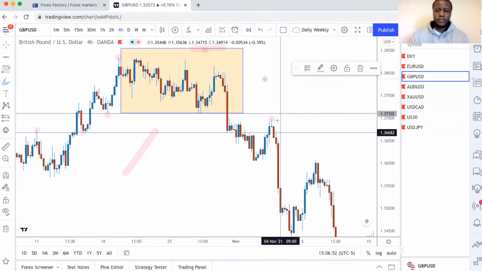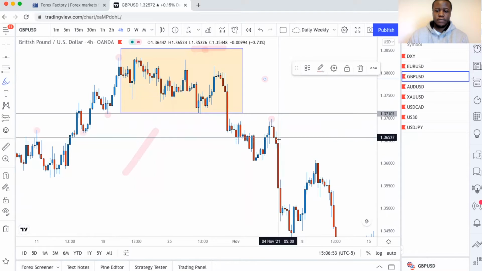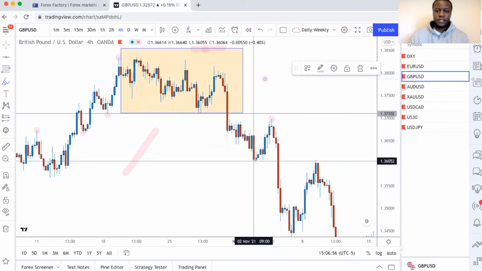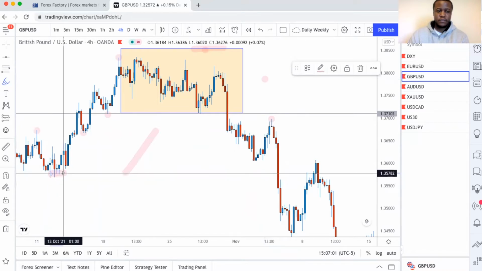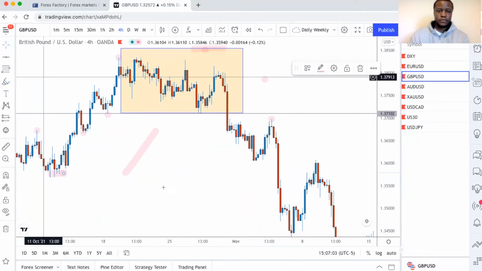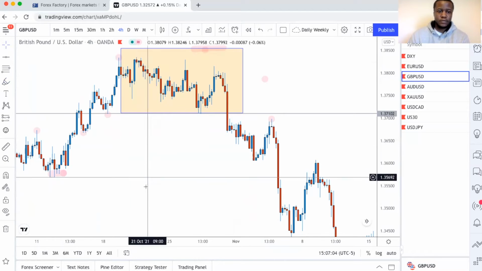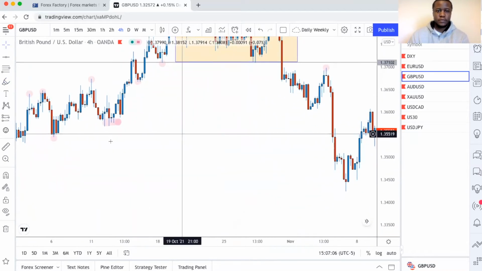Enter right here. Stop right here. Look, we take out this low and these lows over here. This low over here.